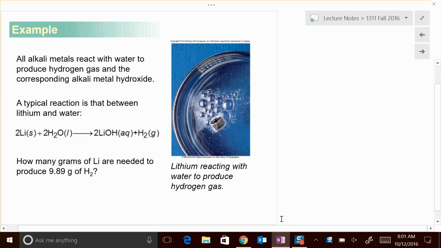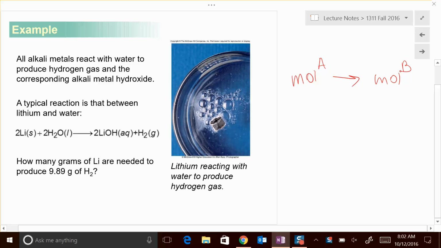All right, so we're going to go ahead and continue our discussion on stoichiometry. Stoichiometry is, very simply, the process of converting the moles of one thing to the moles of another thing.